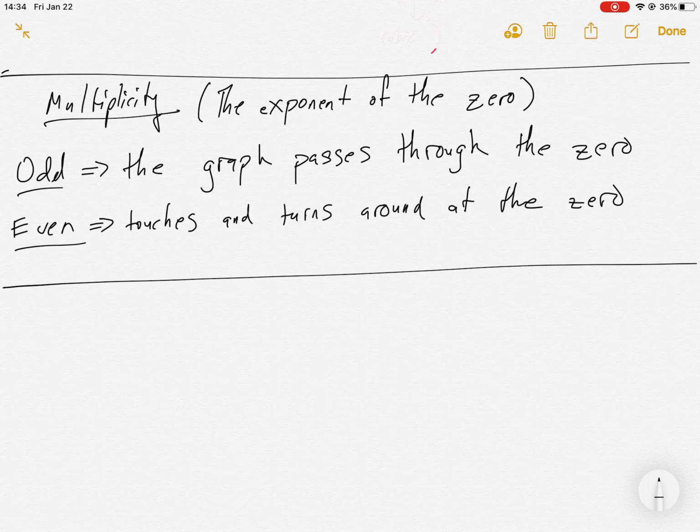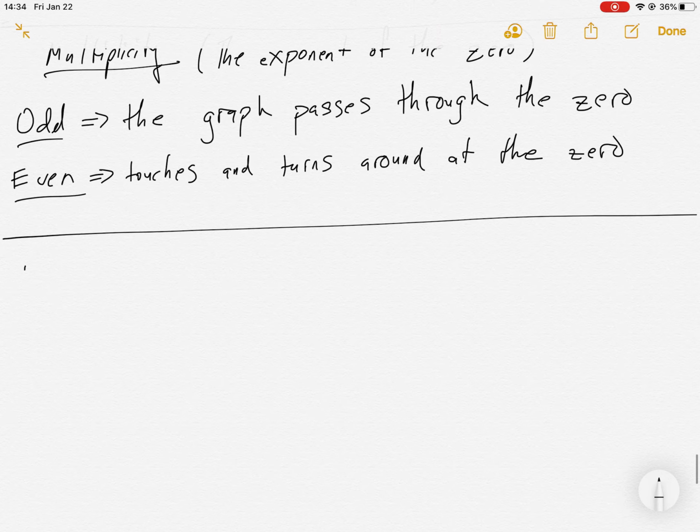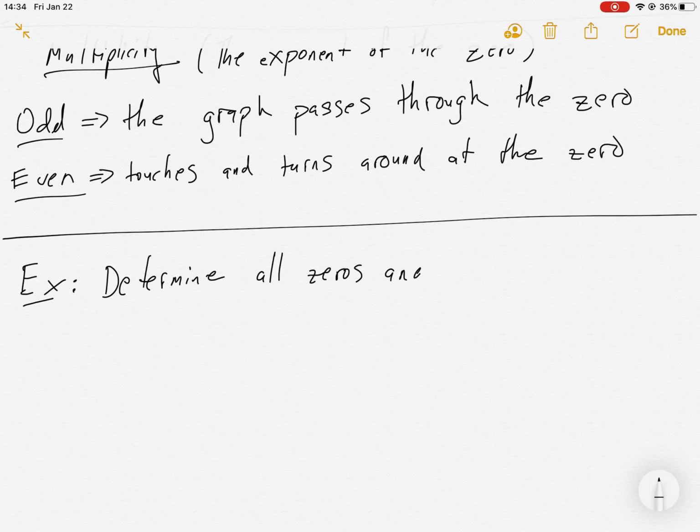All right. So let's take a look at a couple more examples because I want to add some slightly more difficult situations. So let's go ahead and determine all zeros and their multiplicities for the following.